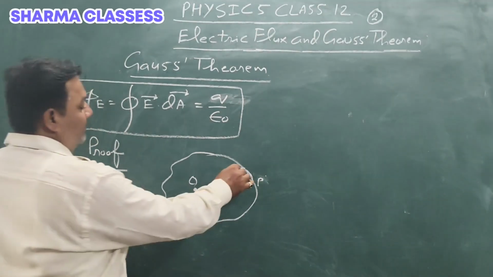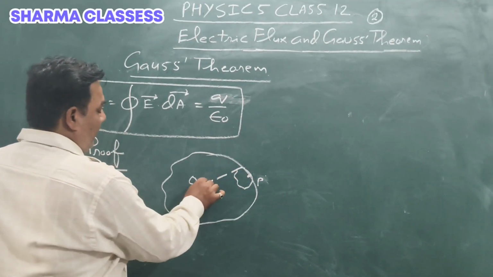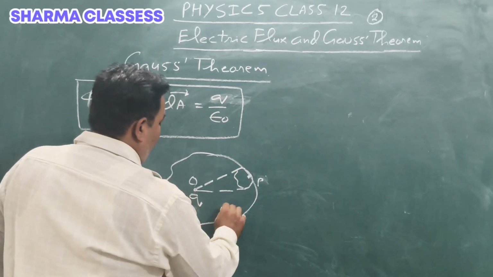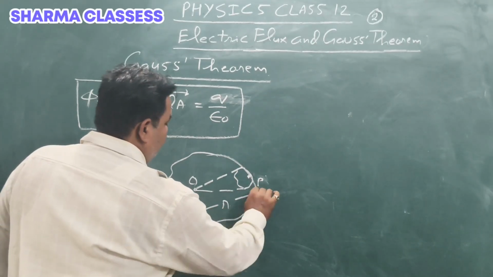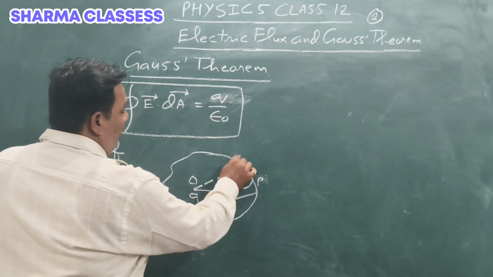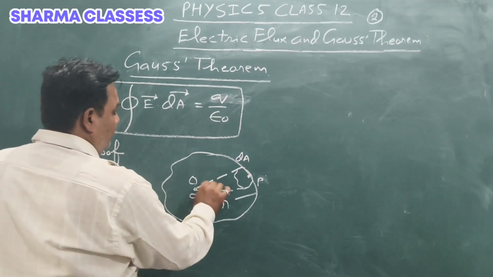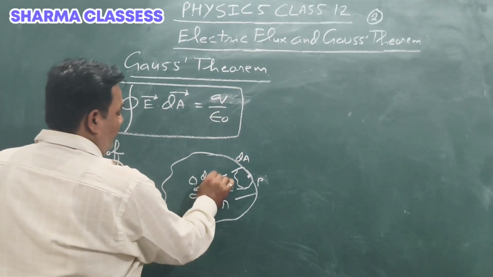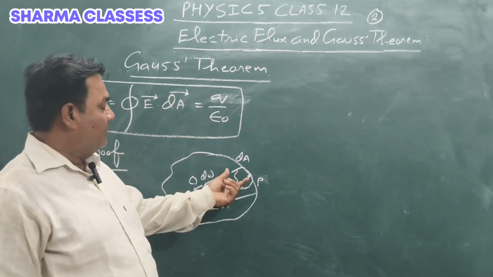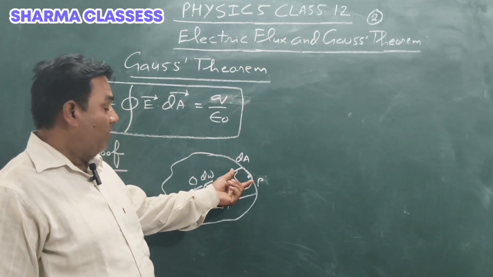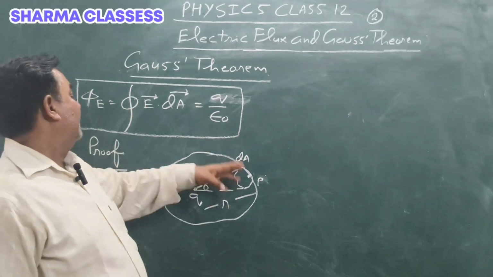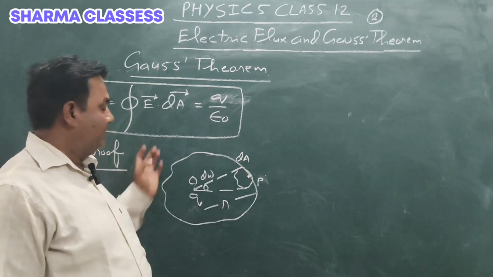Suppose this small area dA subtends solid angle d omega at point O, and the distance of point P from point O is r. First we find the electric flux passing through this small surface, and then we integrate to get the electric flux through the whole surface.